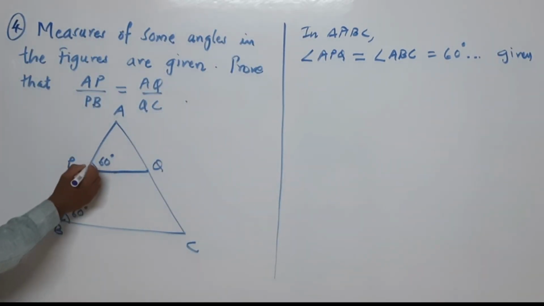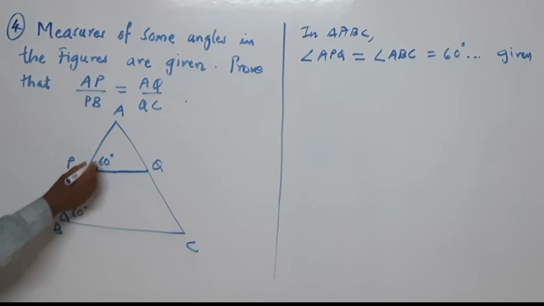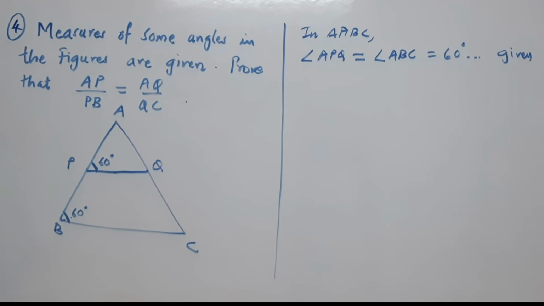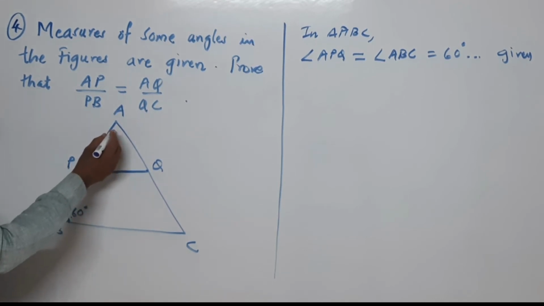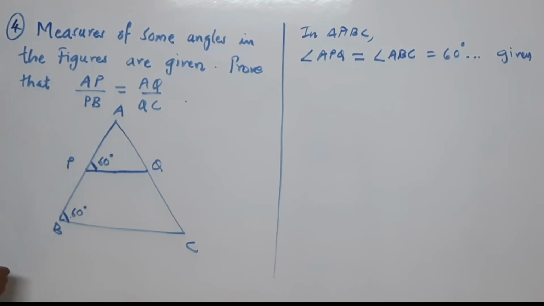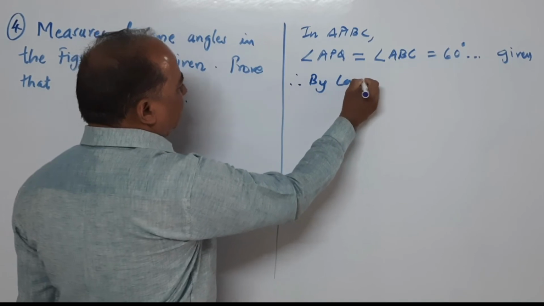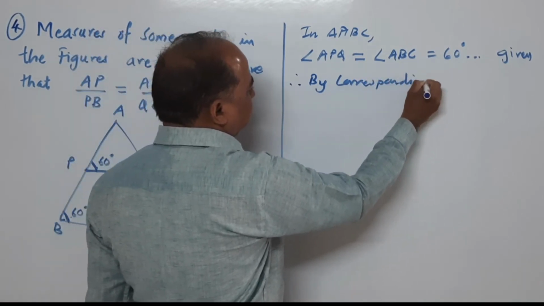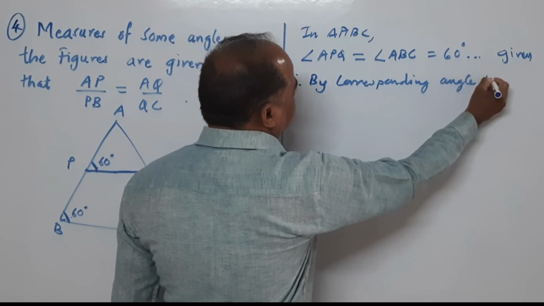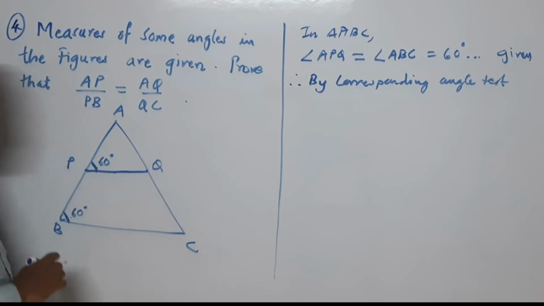If we observe these two angles, they are corresponding angles. If you consider AB as a transversal, then these two are corresponding angles. So by the corresponding angle test, this line PQ will be parallel to BC.